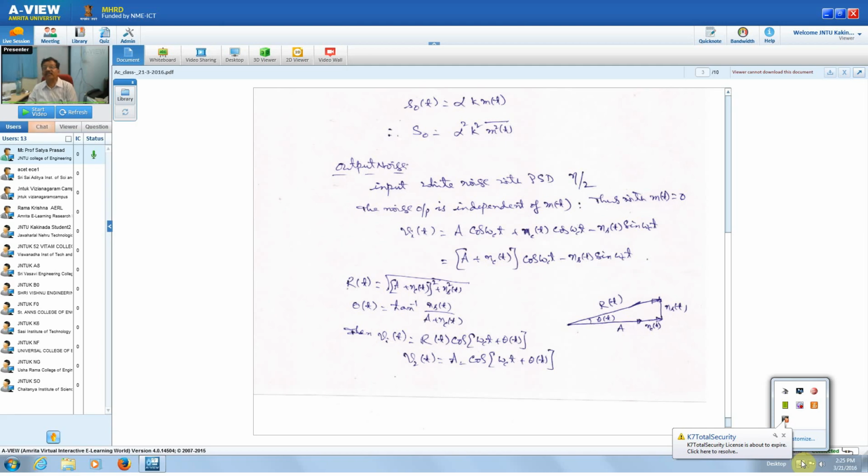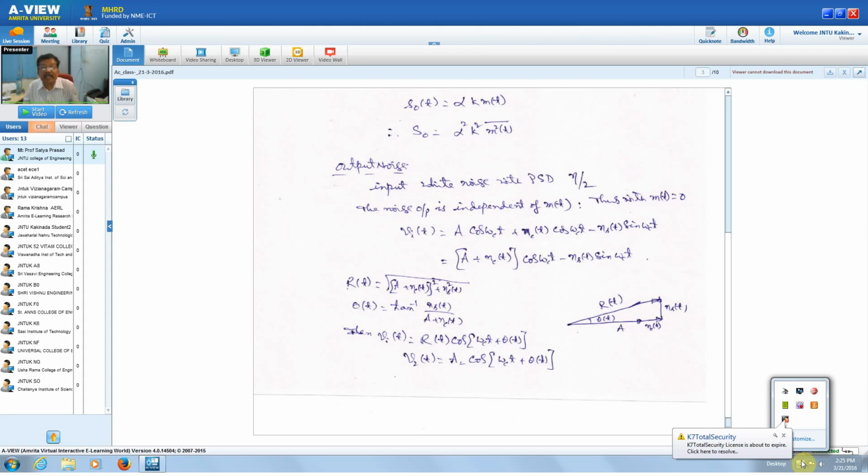This is the diagram we have seen. The magnitude of v_i(t) is the root of (A plus n_c(t)) whole squared plus n_s squared(t), whereas the angle theta(t) is tan inverse of n_s(t) by (A plus n_c(t)). So we have the magnitude and phase.